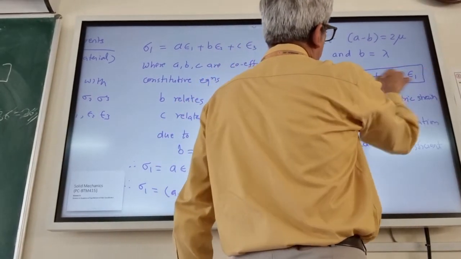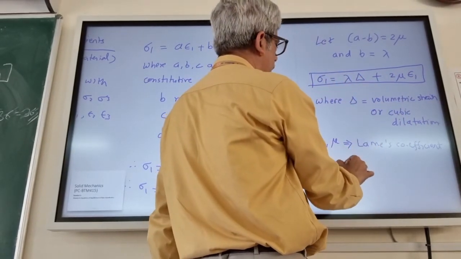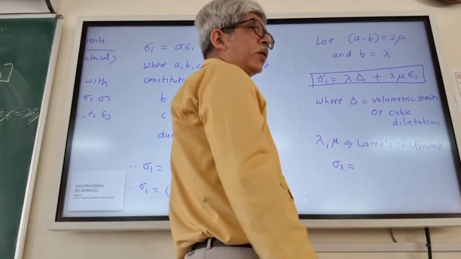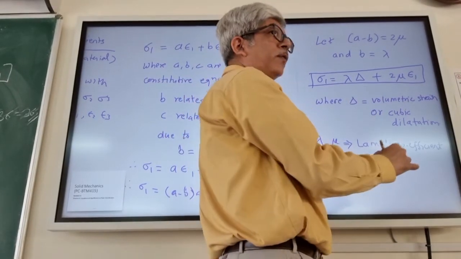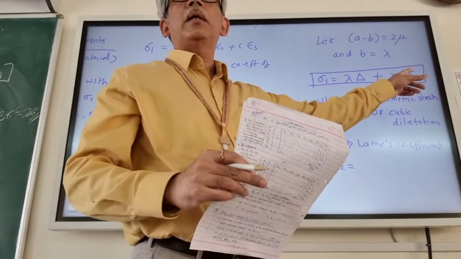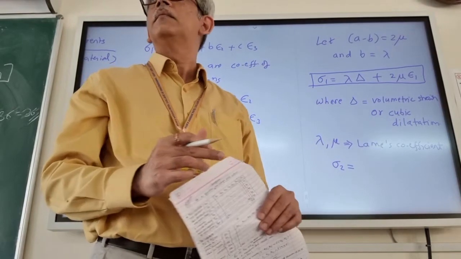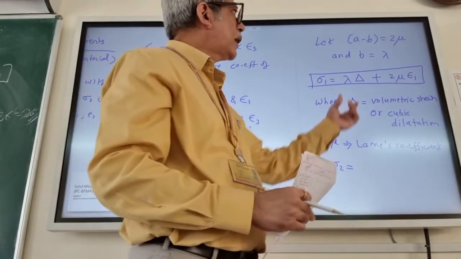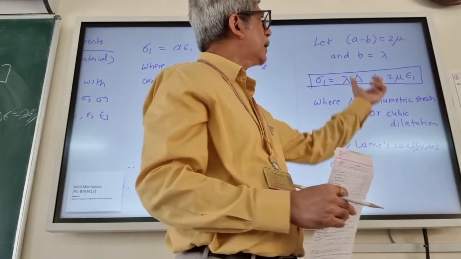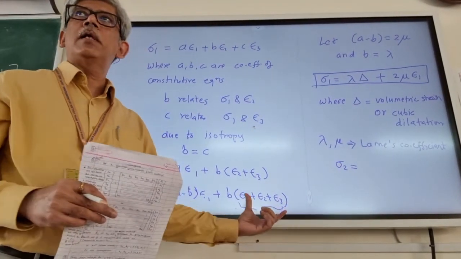Similar to this equation, you can write exactly in the same manner the equation for sigma 2. So what will be the value of sigma 2? Taking a clue from the first equation, the first term consists of all the 3 strain values, so that will remain unchanged.